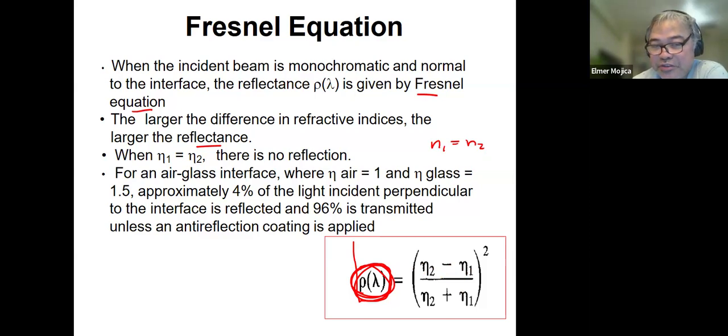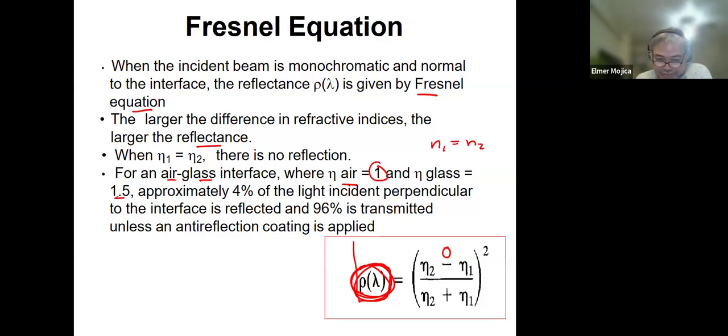Okay? So when N1 is equal to N2, what does it mean? This value is equal to 0. Okay? Now, for the cases that we have, the air and glass interface, the refractive index of air is 1, and that of the glass is 1.5.